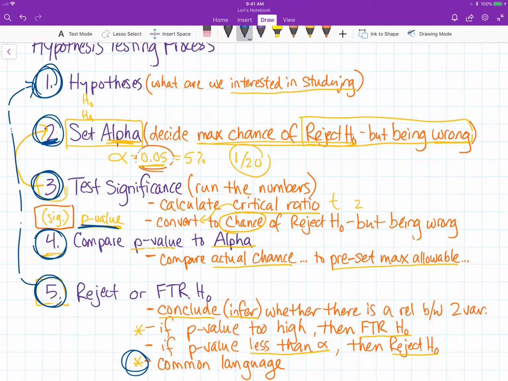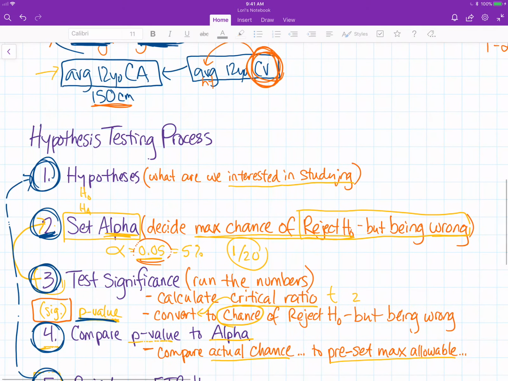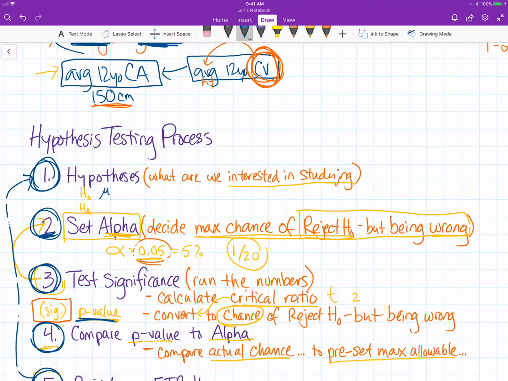I want to go through a little short example with our Coachella Valley just to make sure that's super clear. So the null hypothesis would be that the average height, that's H0, is equal to 150 centimeters.